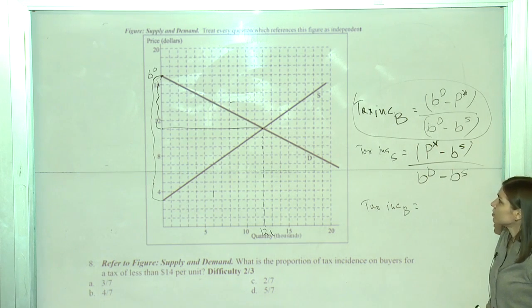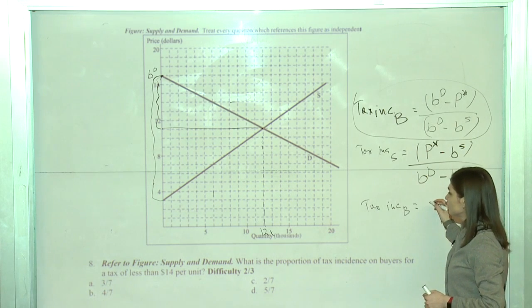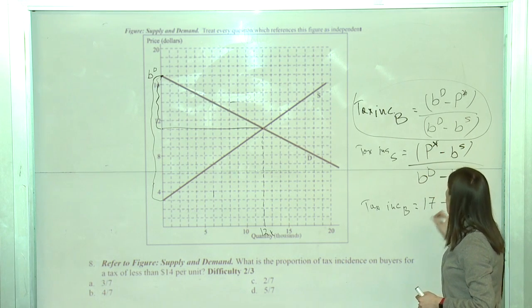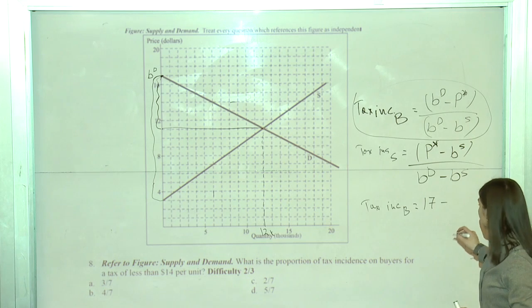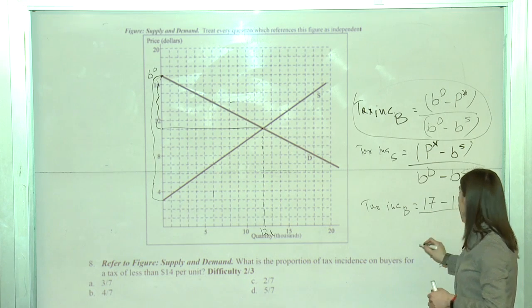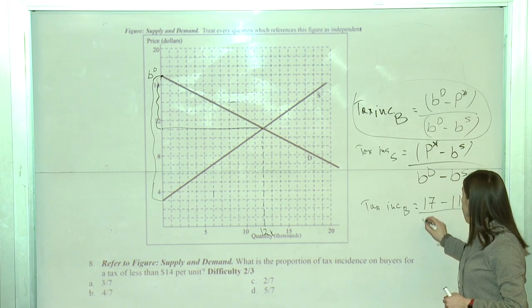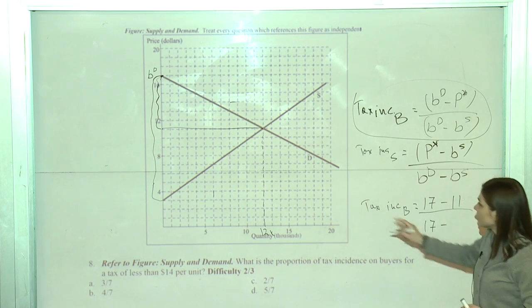What was the intercept of the demand curve? 17. Right? And the price in equilibrium? 11. So 17 minus 11 divided by, again, 17 minus 3.